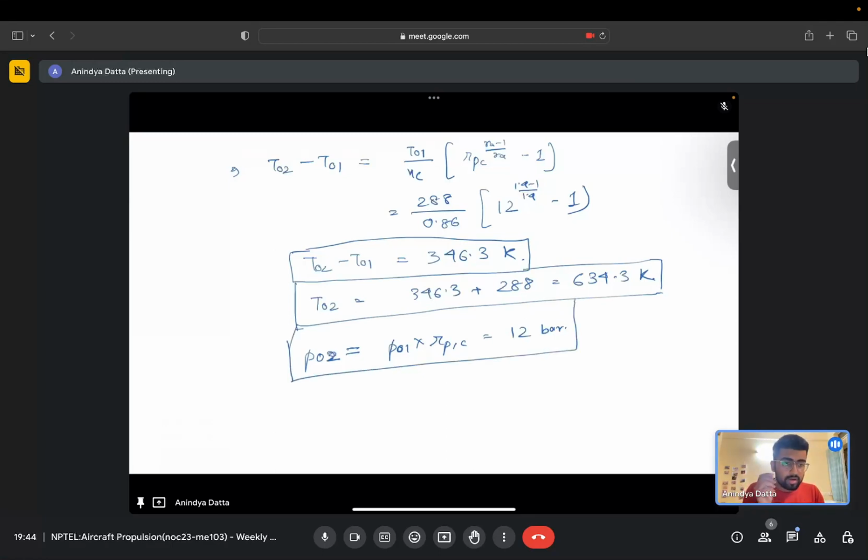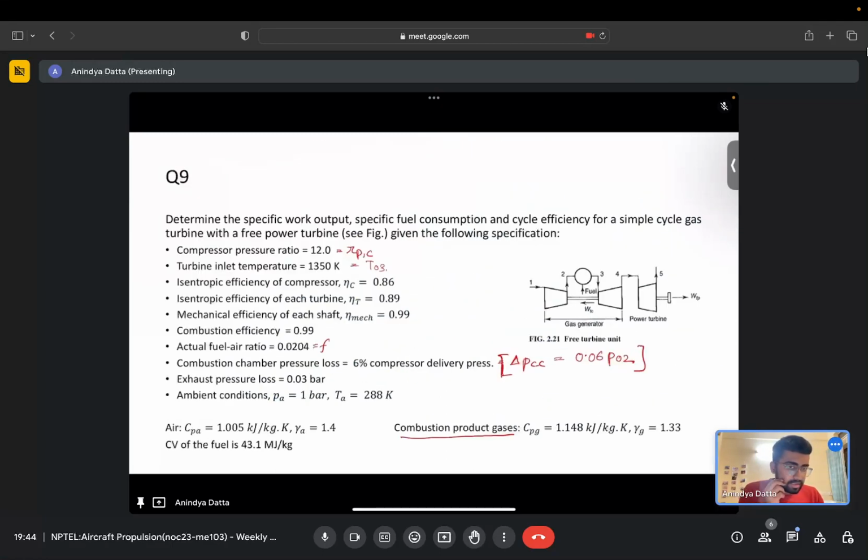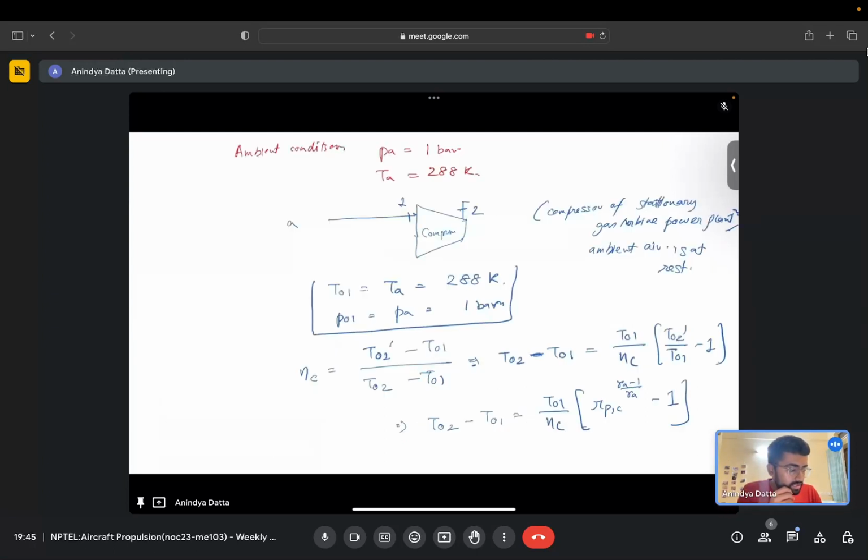Now we know the temperature and pressure at state point 1, and the temperature and pressure at state point 2. That's how, as I have said, you should proceed with every problem: find the temperature and pressure at each state point. At 1, it is equal to our ambient conditions.